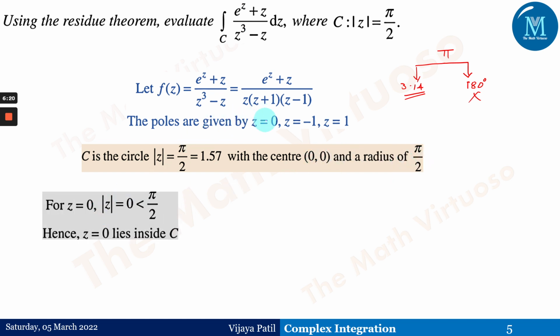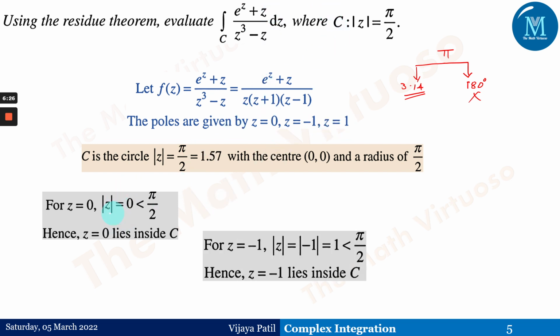Again, we have to take a call whether the points 0, minus 1 and 1 are in or out of this particular circle. So if you observe, obviously 0 is less than pi by 2. Similarly, 1 is less than pi by 2. Please observe the steps we have done. We have already done similar steps in the session where we talked about Cauchy's integral theorem.